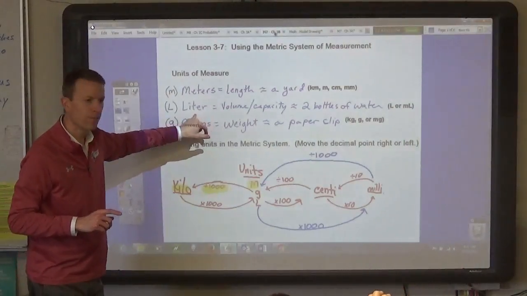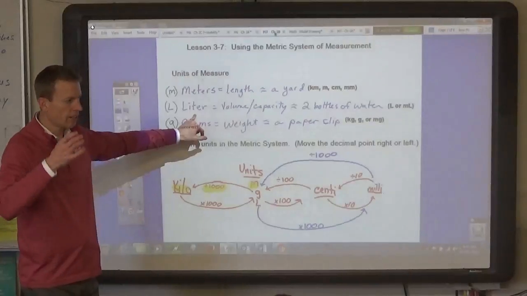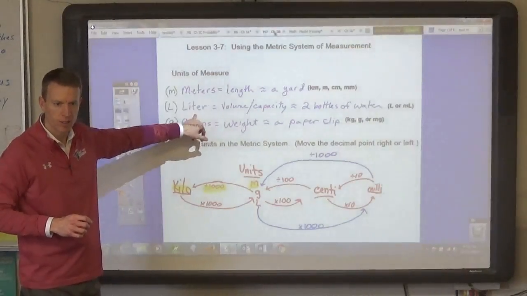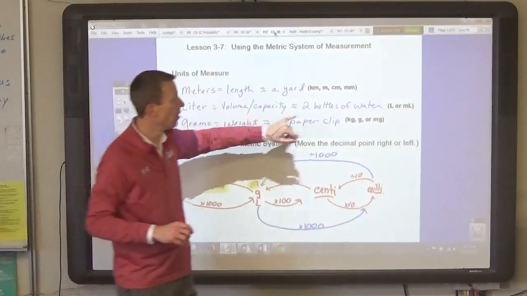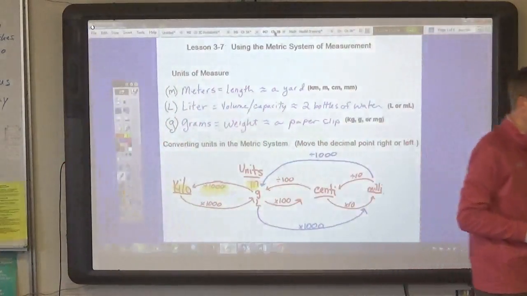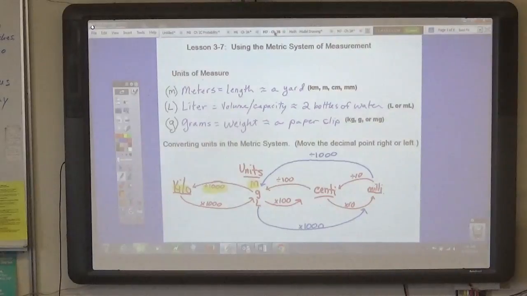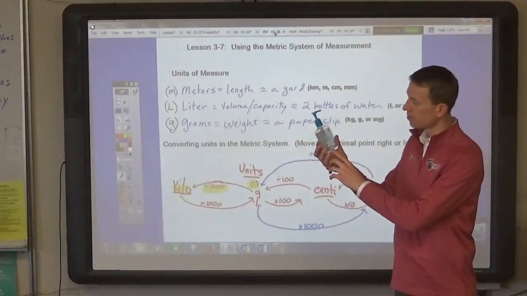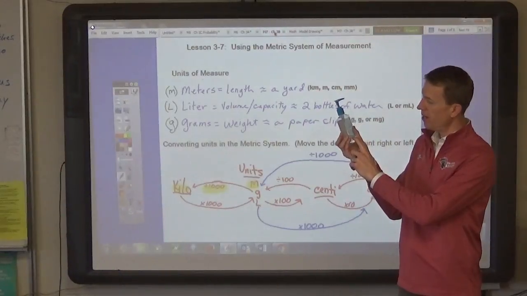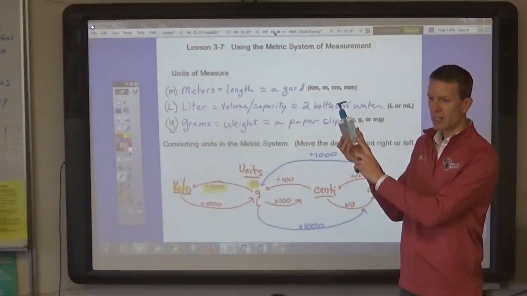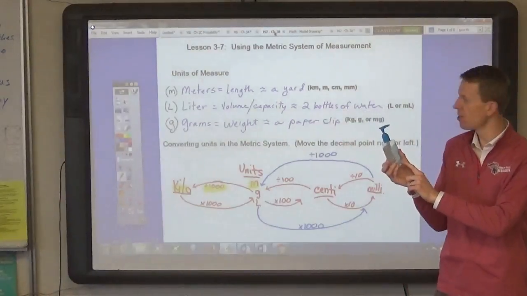Then the last one is volume. Volume is like the capacity of a water bottle, and that's measured in liters, or oftentimes in milliliters. So, for example, this hand sanitizer lists the volume at the bottom in milliliters, 236.5 milliliters.